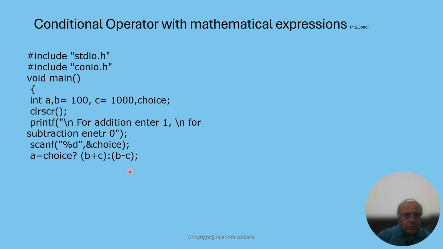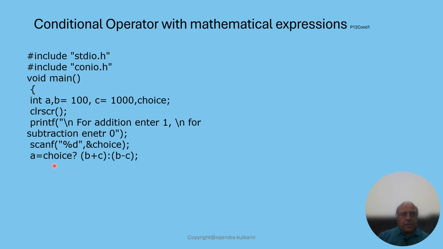If you look at this expression, what we are doing here is assigning either B plus C or B minus C to variable A. How is it happening?